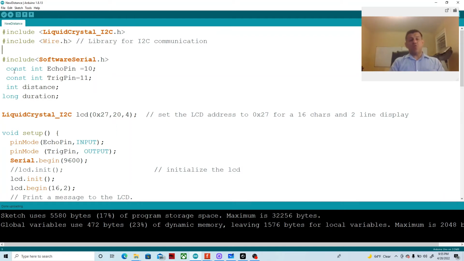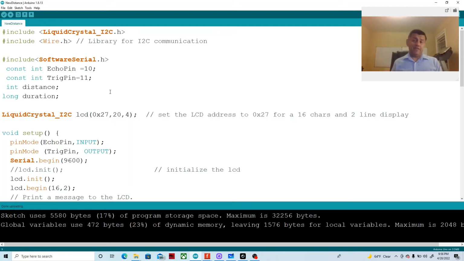Then we come over here, we declare some variables. We call const int for the echo pin of the sensor that I just showed you in the schematic: const int echoPin equal 10, const int trigPin equal 11, like I showed you. Then we declare a distance int, because it's going to be only 100 centimeters. I don't have a lot of room in this room, so this goes up to 4 meters.